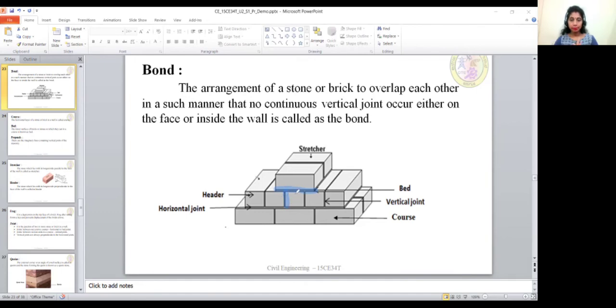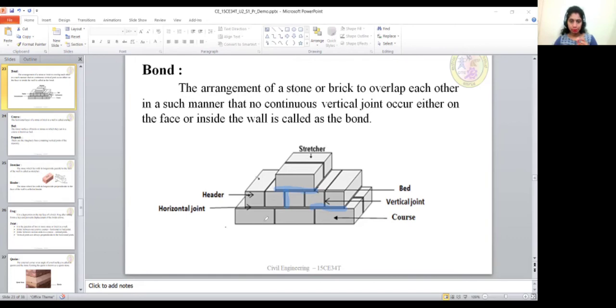There are two types of joints. You can observe here one brick, another brick ge ಏನ್ join ಆಗ್ತಿದೆ, even that is called joint. In this picture it is clear we are getting two types of joints.